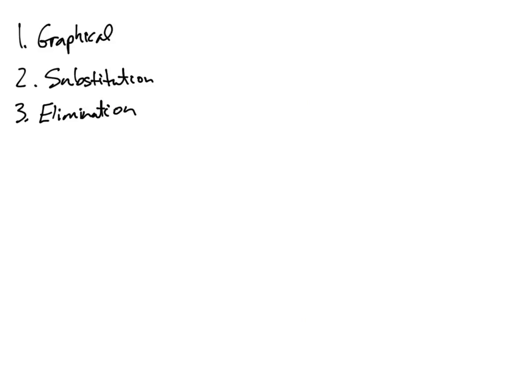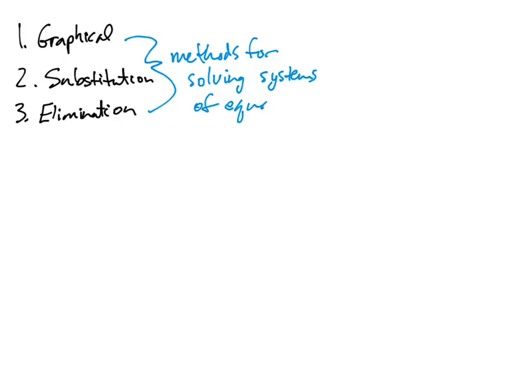Now, there are three main types of ways that we could solve a system of equations. We could solve it graphically, we could solve it by substitution, or we could solve it by what's called elimination. So these are methods for solving systems of equations. And it's advantageous to use one method versus another depending on how the system looks.